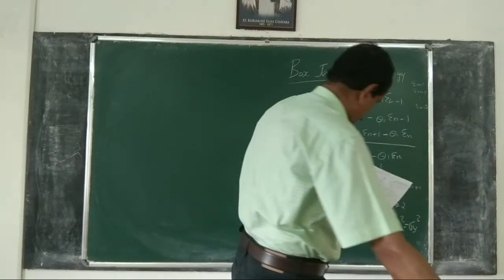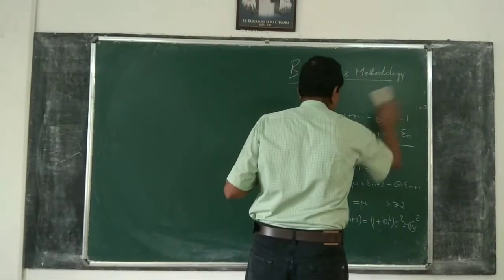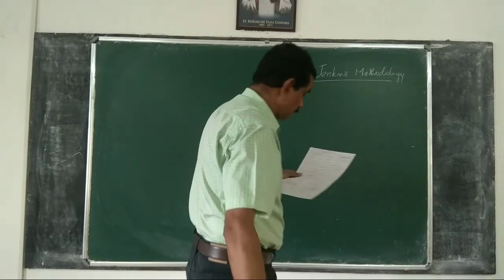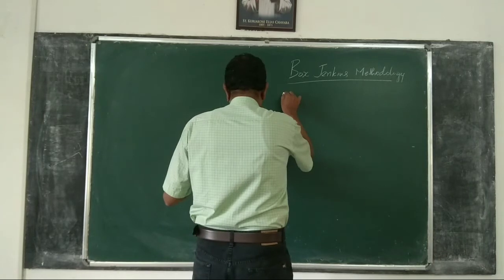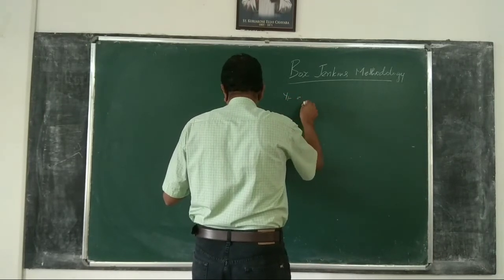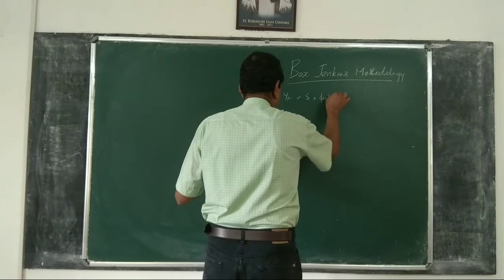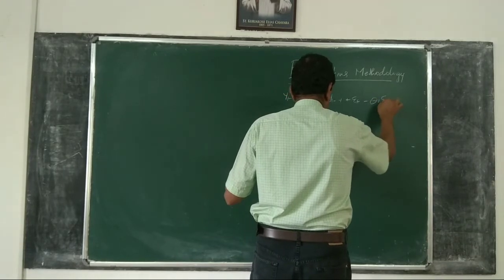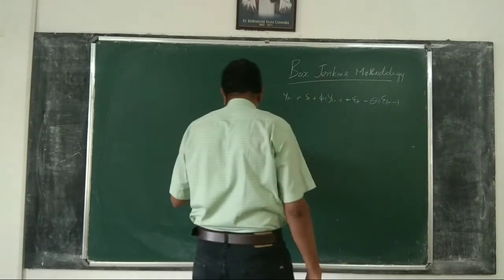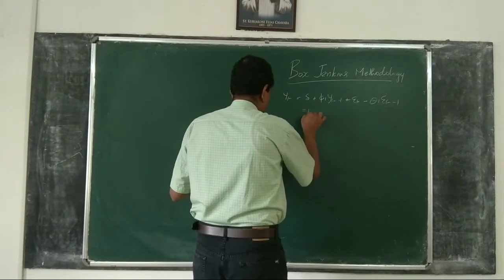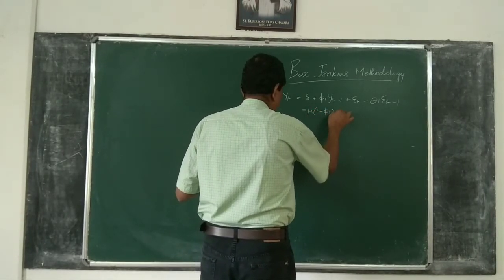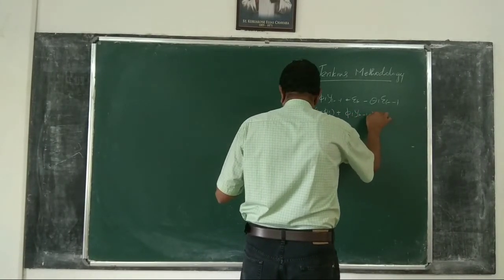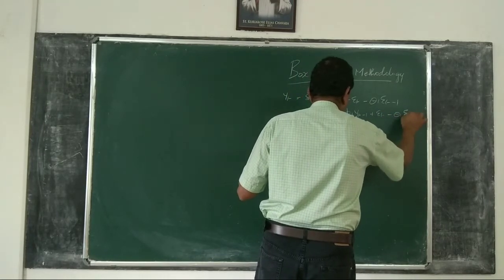Now we consider the ARIMA 1,1 process. Yt is equal to delta plus phi 1 yt minus 1 plus epsilon t minus theta 1 epsilon t minus 1, where delta equals mu into 1 minus phi 1. So yt equals mu into 1 minus phi 1 plus phi 1 yt minus 1 plus epsilon t minus theta 1 epsilon t minus 1.